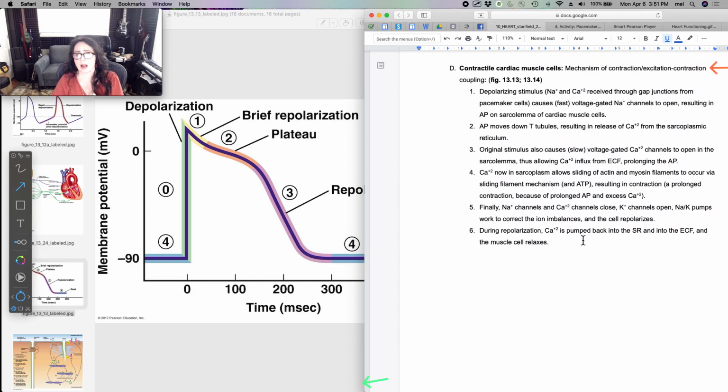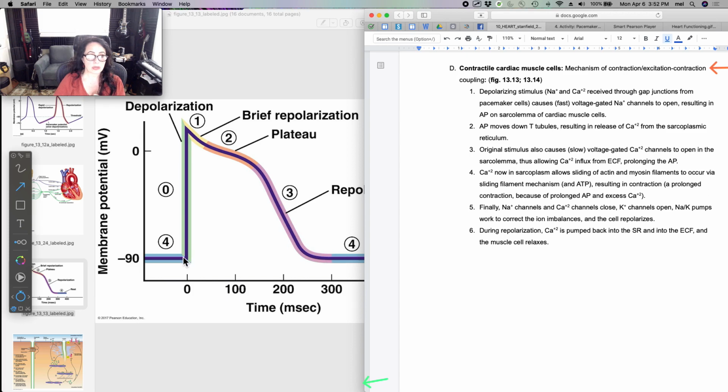Okay, so we'll come back to causing contractions. So what's going to happen here is it's going to get flooded with... Oh, there it is. Okay. So the depolarizing stimulus, as soon as it comes in, will cause you to almost immediately hit an action potential.